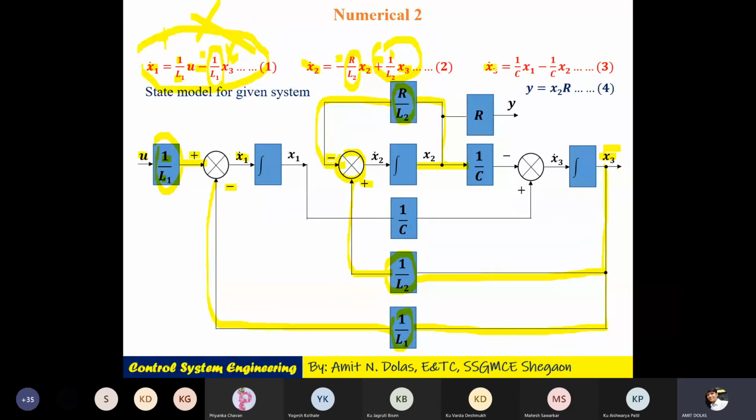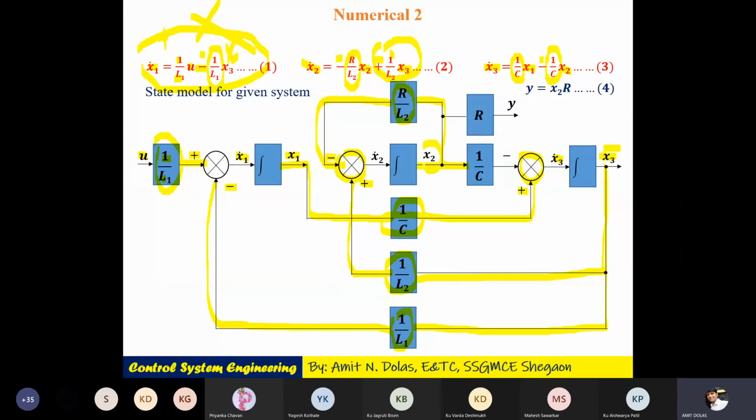Go for the third, x3 dot. How did we get this? It is a combination of something, that's why the summing block. It is a combination of x1 with the 1/c element with a plus sign. Where is x1? Here is x1. Draw a line from x1, pass it through the 1/c element and drop it to the summing block. The sign is plus. Another is x2, coming from x2 through the 1/c element having a minus sign.